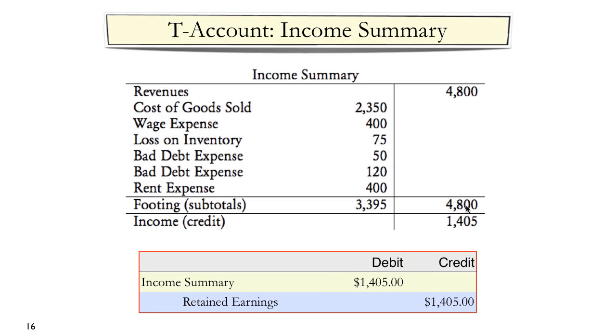Similarly, we could look at the income summary account, and we see the revenues for the period, and then a listing of all the expenses, and then the net income for the period. Once again, we would normally format in a way consistent with GAAP, but the income summary account is then closed to retained earnings, and this is done with a debit to income summary of $14.05.